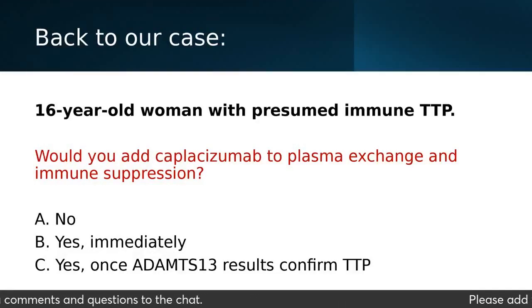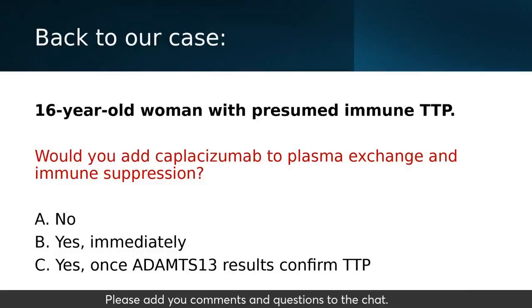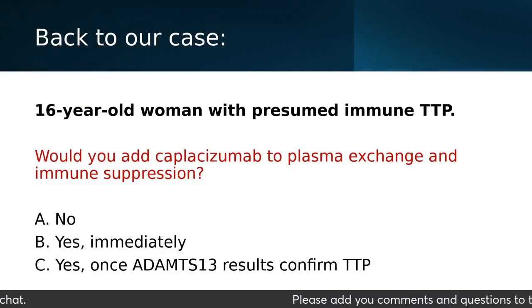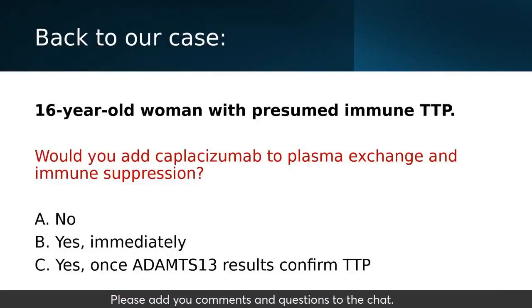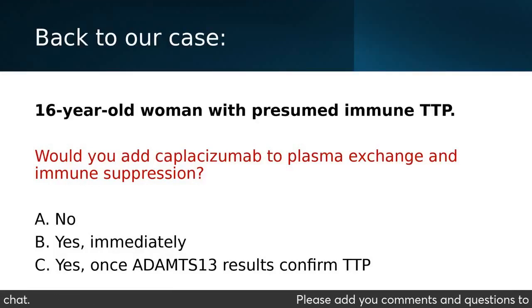Let's say if you're not getting the results by Monday, it was taking a week to come back. Good point. True. Yeah, if it was like an indeterminate intermediate case, I would have a hard time giving caplacizumab without knowing for sure that it wasn't just CGT, especially with the potential bleeding complications.